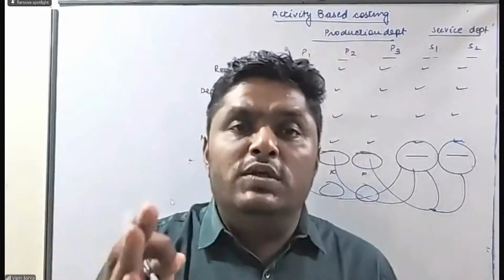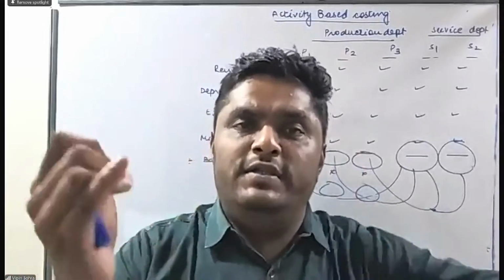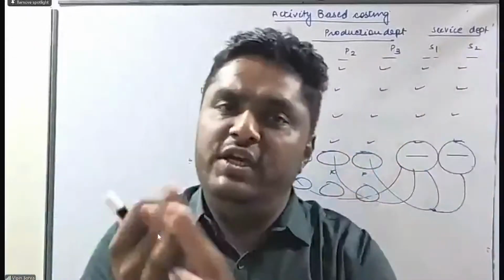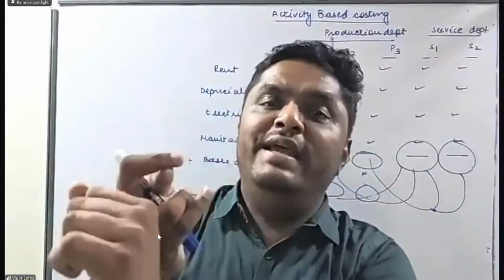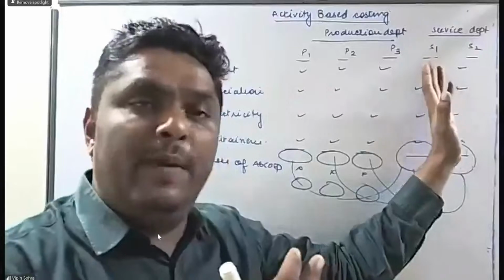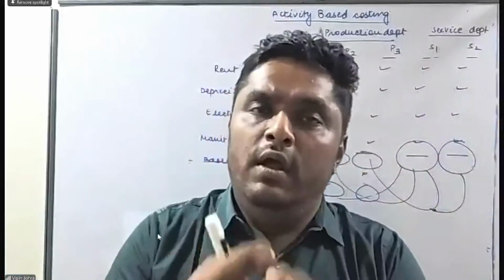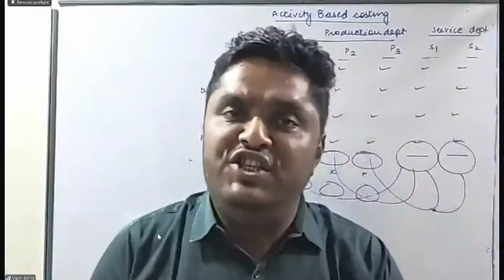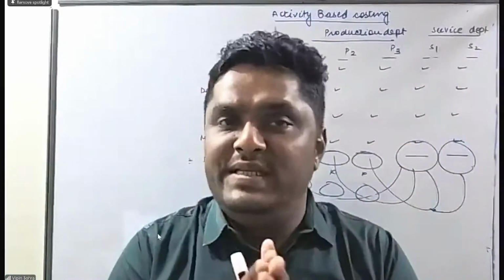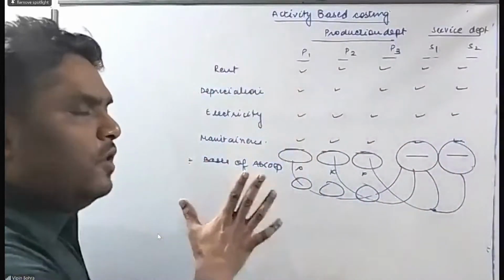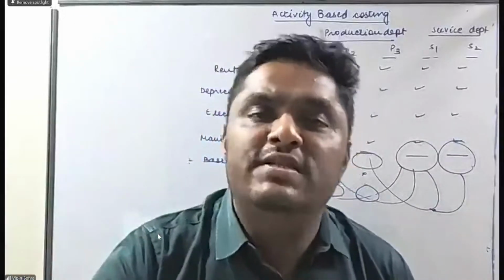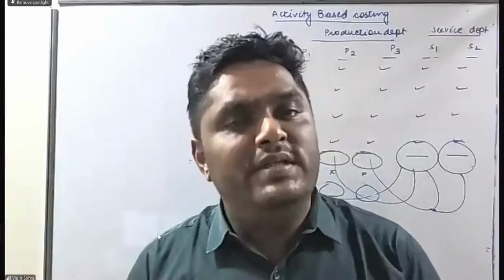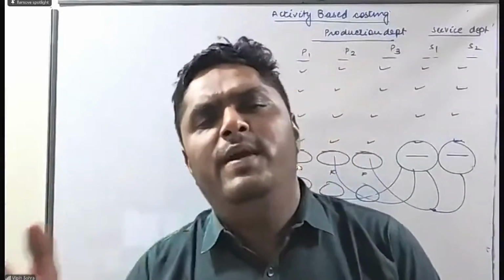So this was the process you used to follow in overheads. First, allocation and apportionment of overheads among the various departments. Thereafter, reapportionment of service department overheads to the production departments. Once we are ready with the total overheads of the production departments, we used to identify the basis of absorption, either machine hours, labor hours, or percentage of prime cost or labor cost.